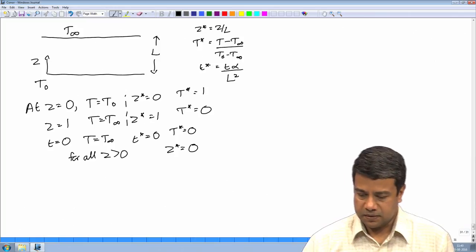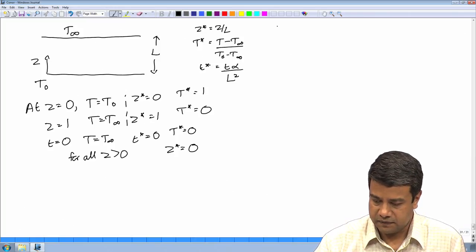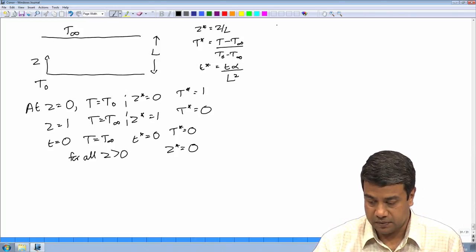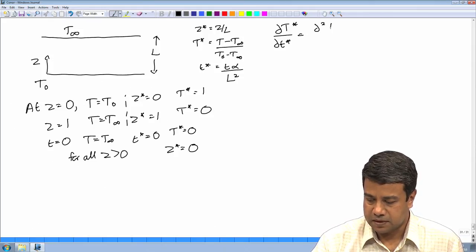Now, the equation that I was trying to solve was the convection diffusion equation, which basically reduced to partial T star by partial t star is equal to partial square T star by partial z star square.